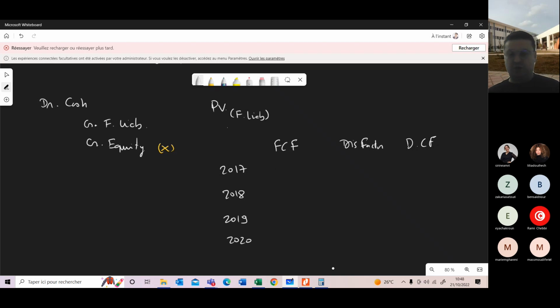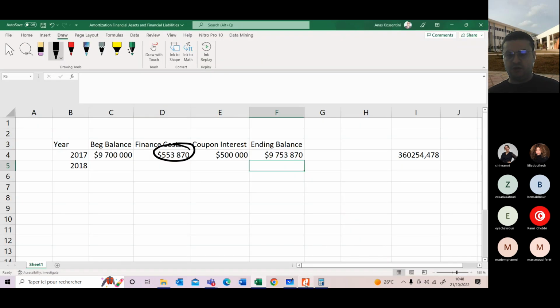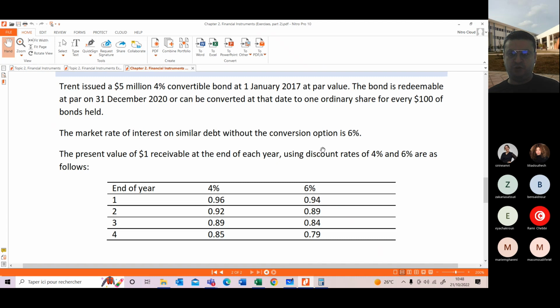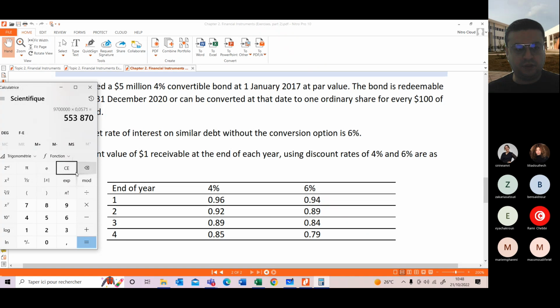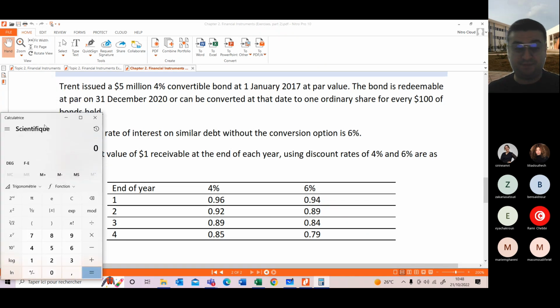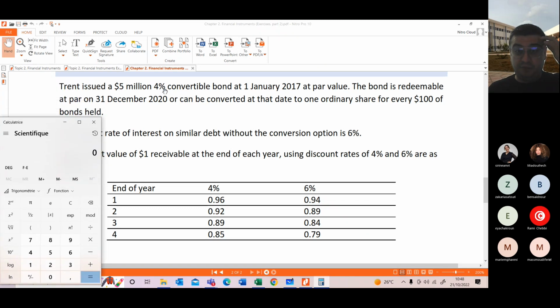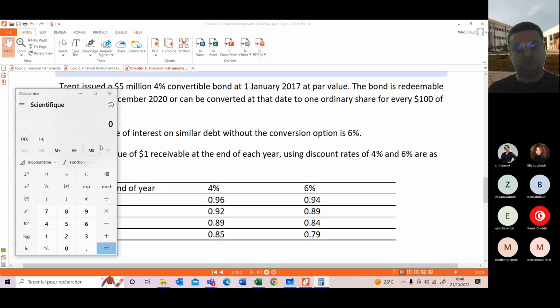Let's have a look at the future cash flows. What do we have? We have the interest. How much is the interest? 5 million times 4%, it's 200,000.